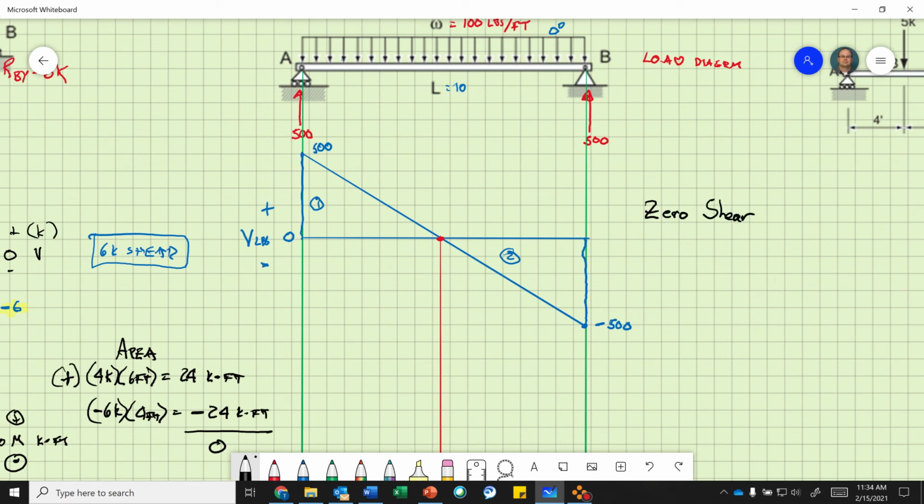Okay. So if I know it's somewhere around 5 feet. I mean, obviously it has to be 5 feet, but let's say it's not at 5 feet. So I'm just going to cut it at some distance X. Okay.